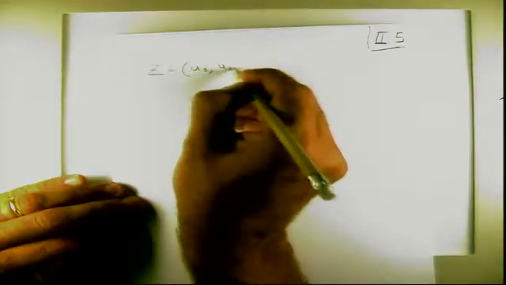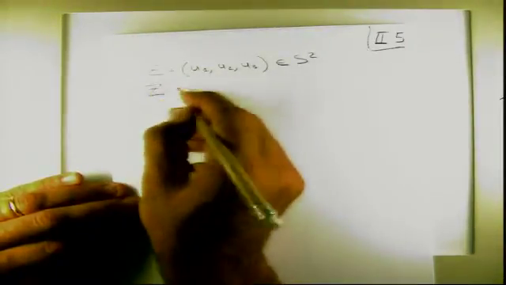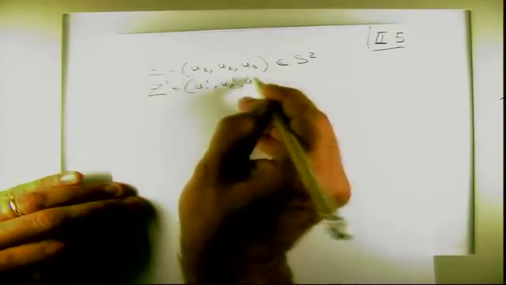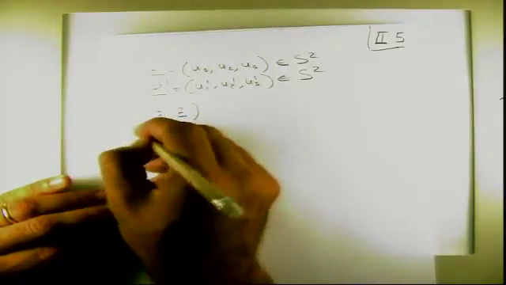Okay, now I start from this. I have capital Z, as I said, a point in S2, and Z prime, whose coordinates are this one, in S2 as well. Then I consider the distance between Z and Z prime in R3.